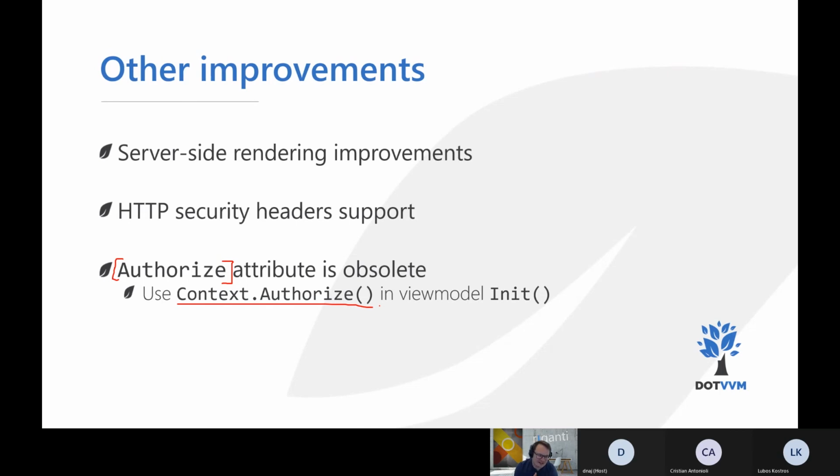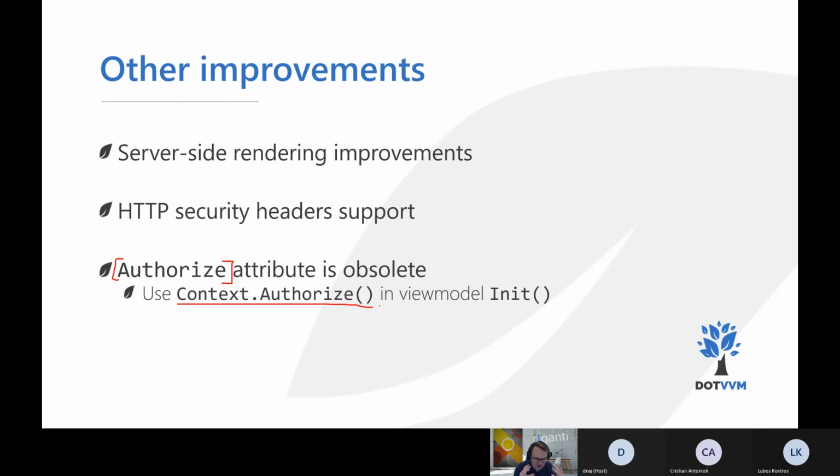For example, if the view model implements an interface and you put the attribute on the interface and not on the view model, then it will not be called because it's not on the concrete class but on the interface. And there are other situations like this.